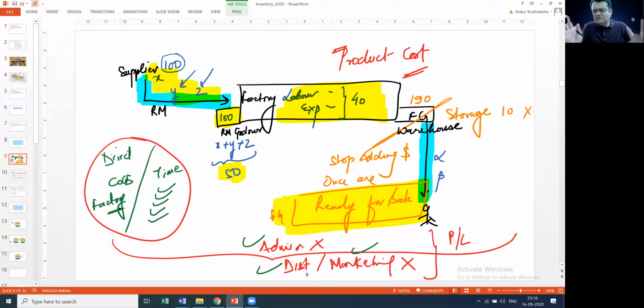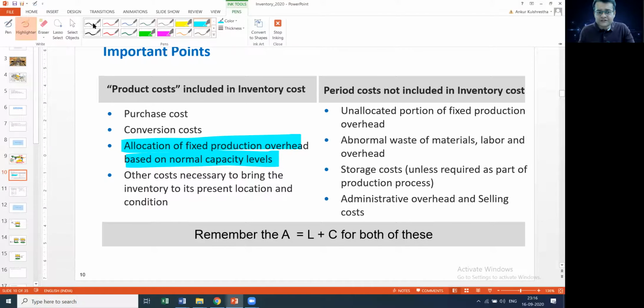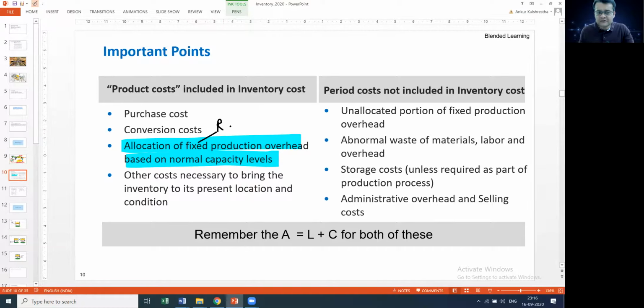Okay, but there of course are finer aspects here. So I'm going to look at some slides like these, where you have some content written, although I have covered most of it, but there are still certain things that I would like to take through examples, such as the point here, allocation of fixed production overhead, such as rent for factory. Now rent for factory has both the features. First, it's fixed, and since it is of factory, it's a production expense.